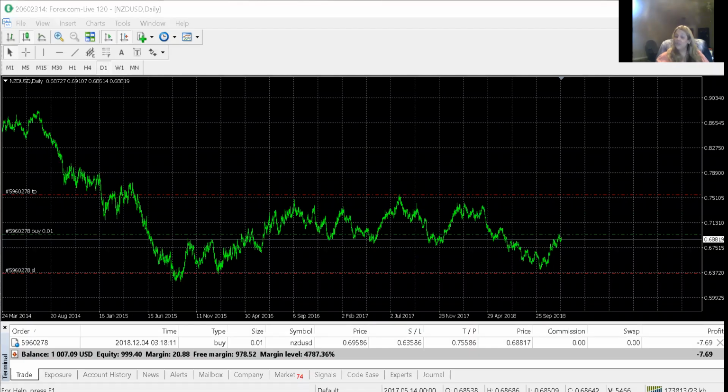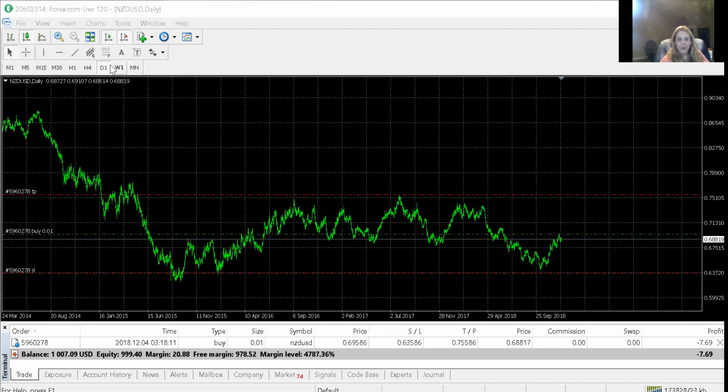So we're going to start the screen share and pull up the trade so you can see what I've been talking about. Things have changed over the last few days because a swipe trade came out on NZDUSD, which is the trade that I have. It is a buy with a 0.01 lot size. The entry price is 0.69586.